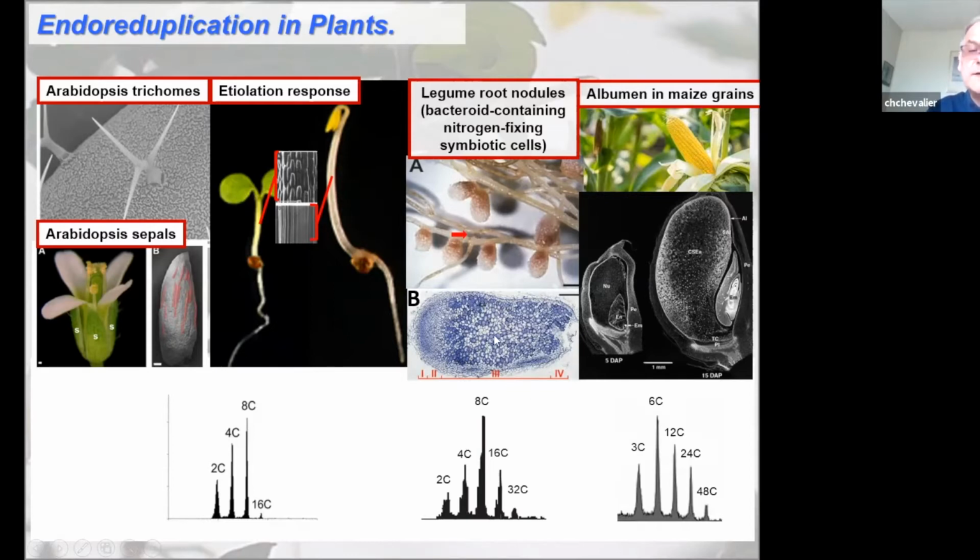When you look at these nodules in a flow cytometer, you see all these different peaks increasing. Another system, in a monocot plant, is the albumen in maize grains, where you again have, in this central part, a very important DNA content.